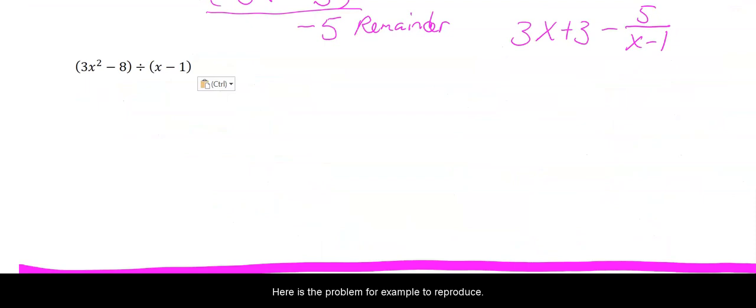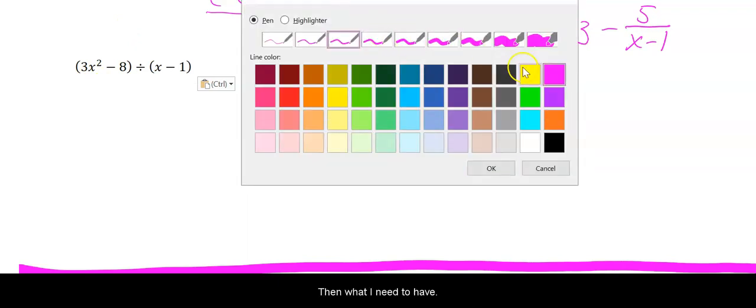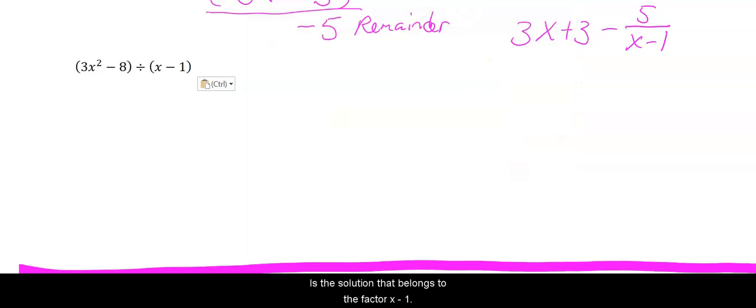Here is the problem for example 2 reproduced for you. We've got 3x squared minus 8 divided by x minus 1. If I put this into my synthetic division process, then what I need to have is the solution that belongs to the factor x minus 1.